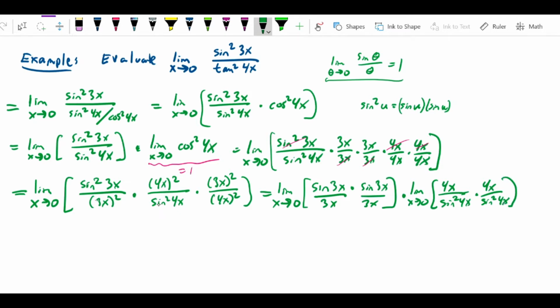All I did is I'm looking at this expression and unwrapping it, so instead of writing sine squared, I'm writing two factors of sine, and instead of writing 4x squared, I'm writing two factors of 4x.